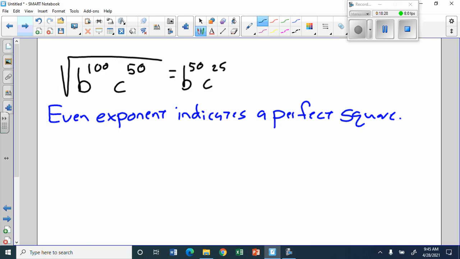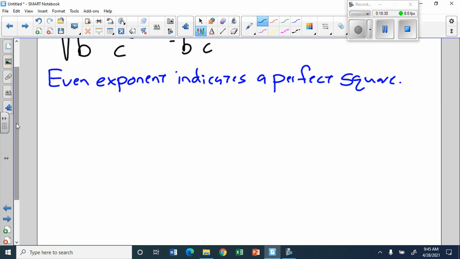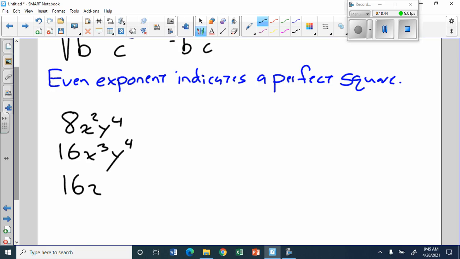So, if I write down 3 options, 8 x squared y to the 4th, 16 x cubed y to the 4th, and 16 x squared y to the 4th, which one of those is a perfect square? Libby?